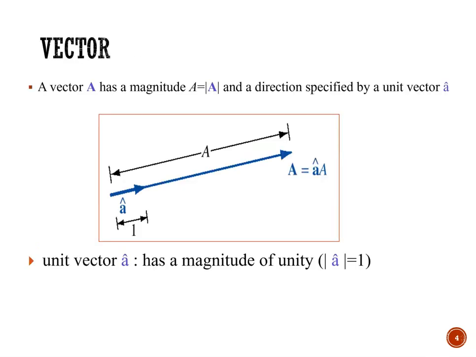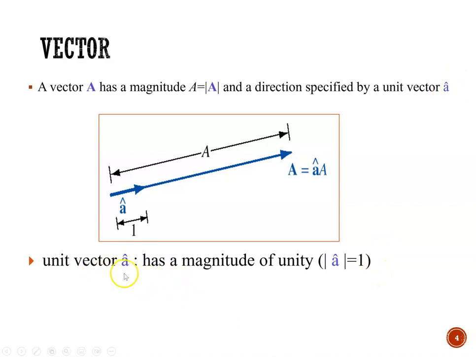A vector A has a magnitude of A in the borderline. So when you see a borderline like this, that would be the magnitude. And a direction specified by a unit vector. So if you have A, it is denoted with a small letter a with a hat. That is a unit vector.